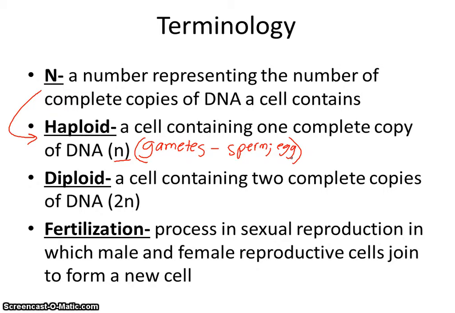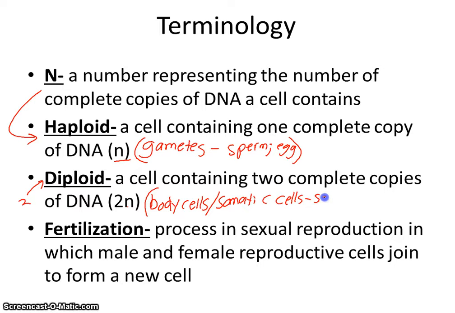Diploid, you all know that di means 2. Diploid is a cell containing 2 complete copies of all the DNA. So we could say it's 2N, and those would be the body cells. Another word for those are somatic cells.